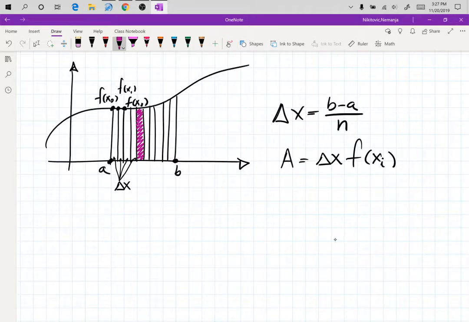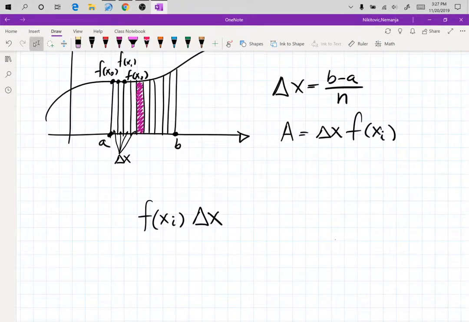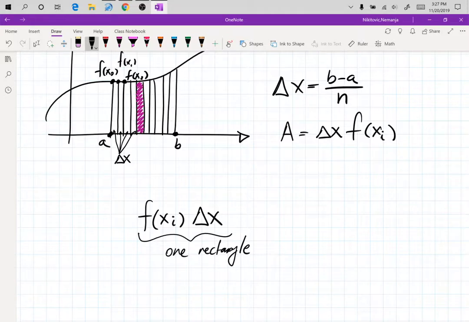Well, if I take a look at this one particular rectangle, we know that we can calculate the area of a single rectangle by taking f of xi times delta x, which would give us the area of one rectangle. That's the height times the width, and the width is delta x.